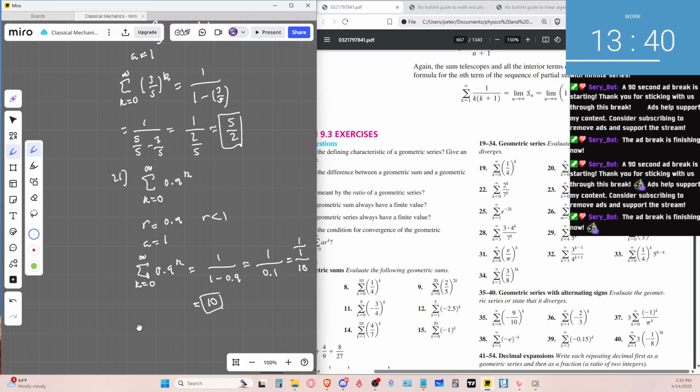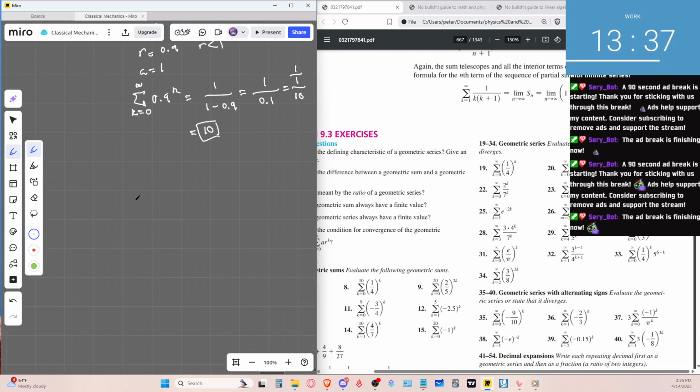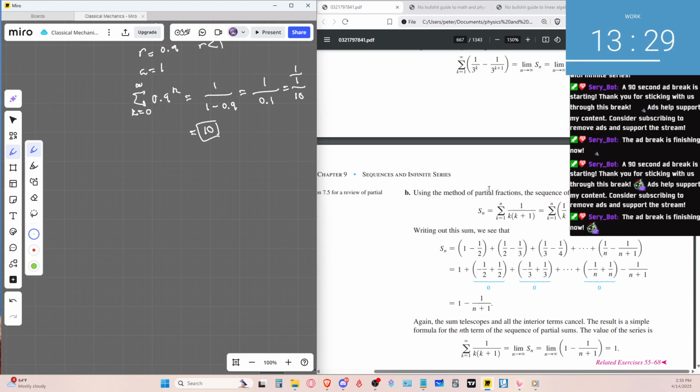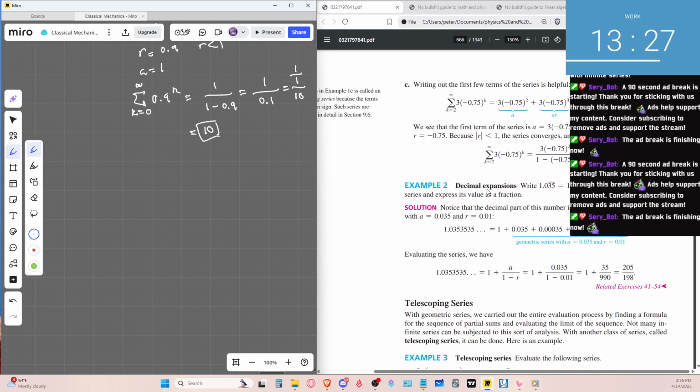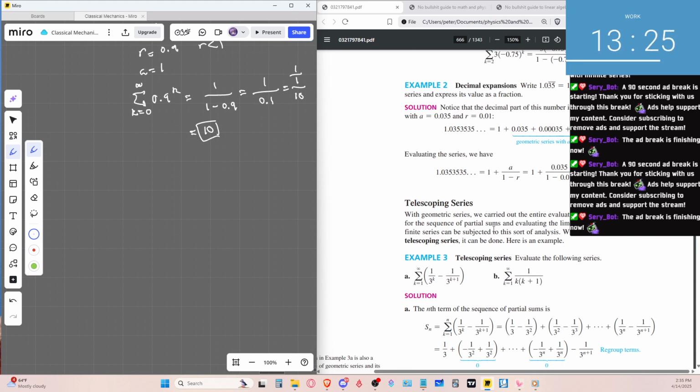Let's see, geometric series with alternating signs. Ooh, let's actually try this one. So do they talk about any of those? Oh, the telescoping series. I forgot about this one. What is the telescoping series again?